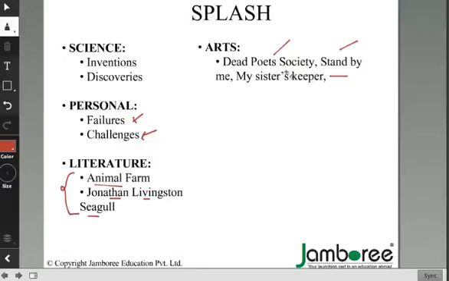Now when you are talking about literature and arts, don't give examples of Indian books. Like in arts, no point giving an example of an Indian movie like, I don't know, Golmaal 3 or whatever. That doesn't help. Give only examples from global movies or global literature.